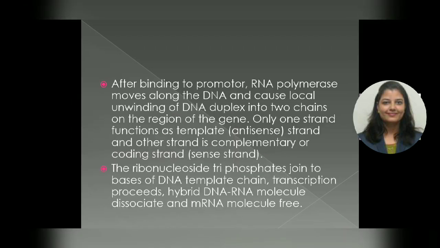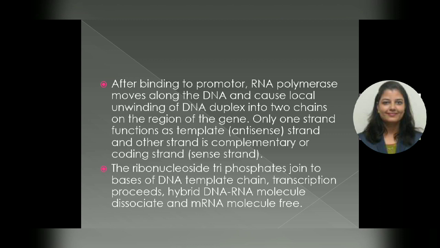After binding to the promoter, the RNA polymerase moves along the DNA and causes local unwinding of the DNA duplex into two chains in the region of the gene. Only one strand functions as a template, which is antisense, and the other strand is the complementary or coding strand, which is also known as the sense strand.